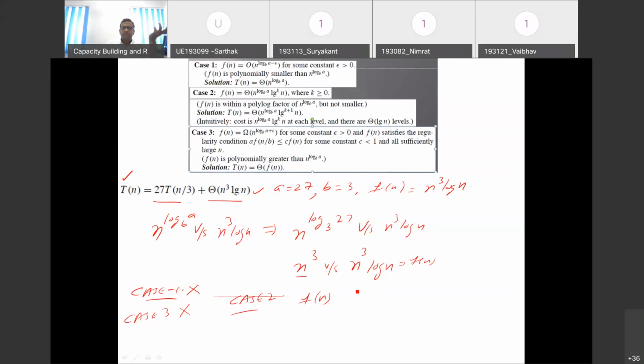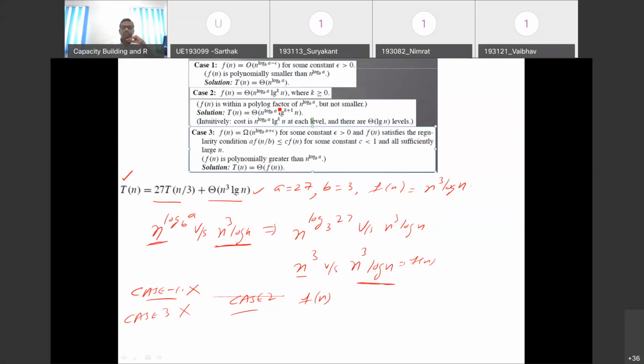So what is f of n here? It is this. And it is within a polylog factor, that is, if we multiply n raised to the power log a base b by log n, then we obtain the value of f of n. So it becomes equal to f of n. It means our case number 2 is applicable.